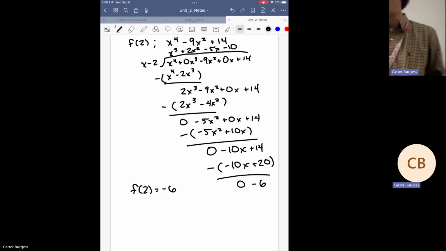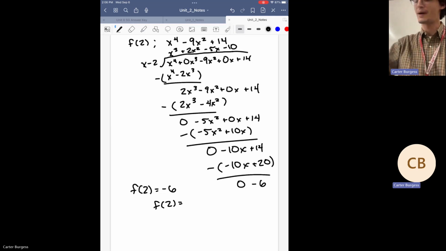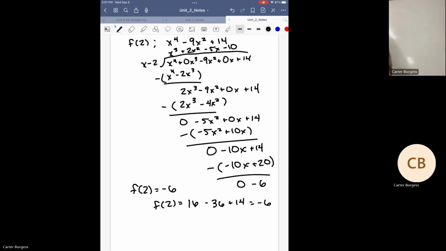We could have just gone ahead and said, well, f of 2 is going to be equal to 2 to the power of 4, that's 16, minus 9 times 2 squared, that's going to be 36, plus 14, that gives me -6. How long did that take versus what we did here with the long division? It's like the difference between a 3-minute problem where we're doing a bunch of steps that all have the opportunity for mistake, and a 15-second problem that's pretty much routine.